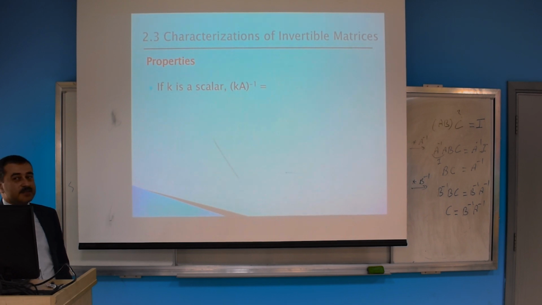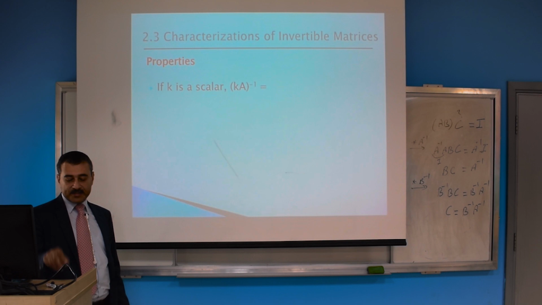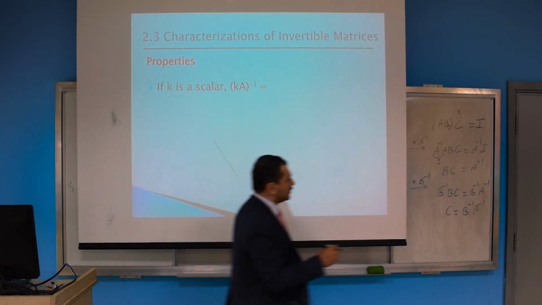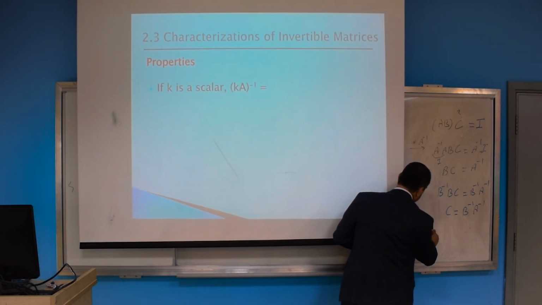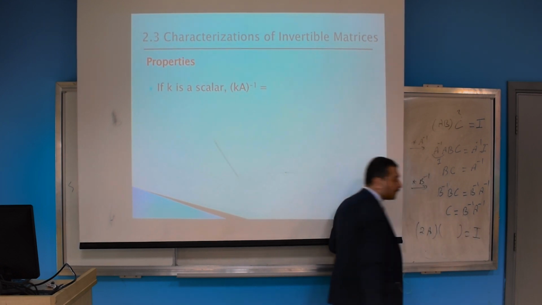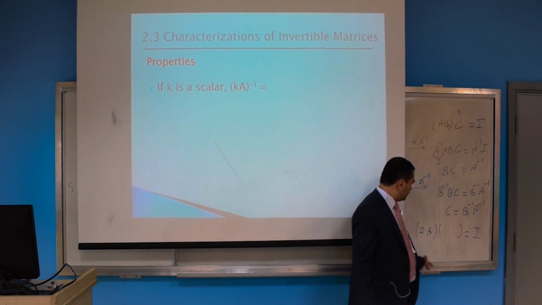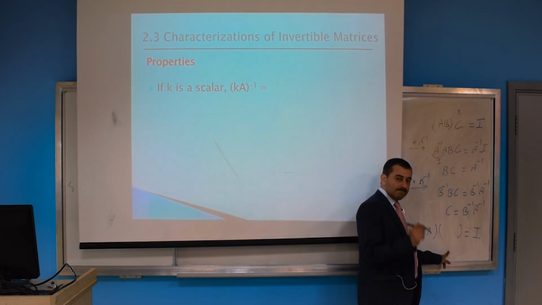What is the inverse of a scalar multiple of A, for example 2A? I have 2A. What is the inverse of this? What should I write here?